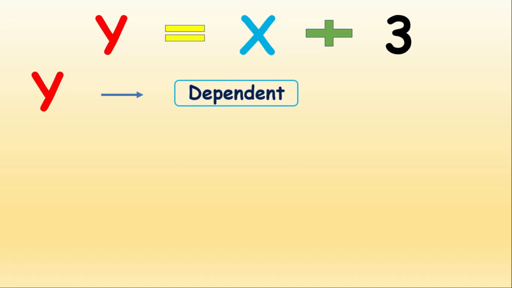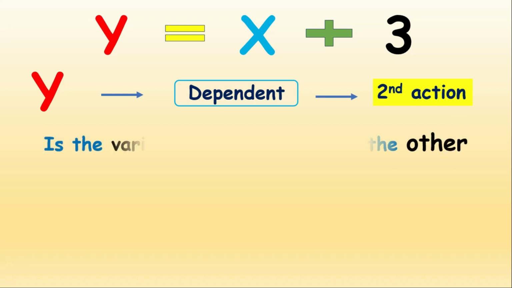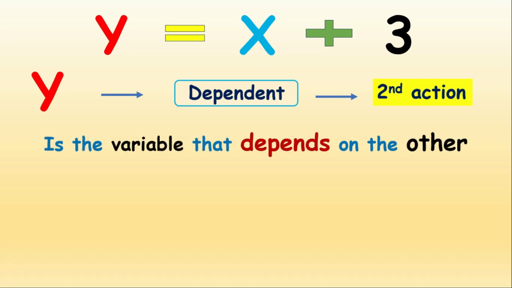So y is called dependent. y بتكون ال second action، بتكون هي تاني action بعد ما بنعرف value of x. يعني كده y depends on the value of x, depends on the other symbol or the other variable. اوكي، فy هنا بتكون هي ال second action، فبتكون هي ال dependent.